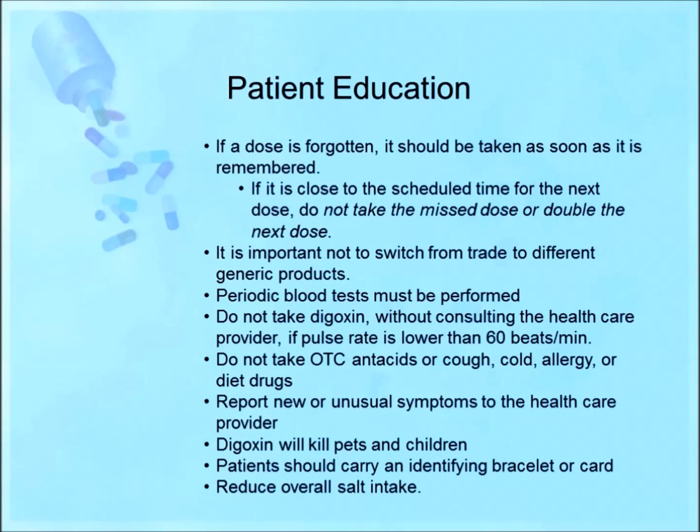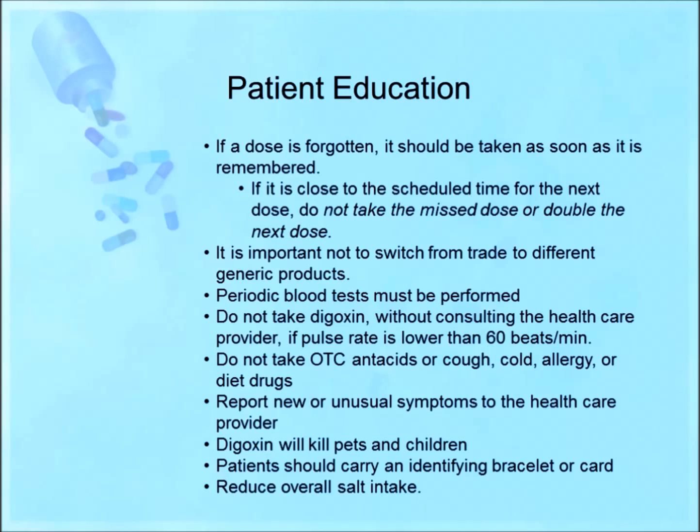They may not be the same, and make certain when getting a prescription filled that the same product is received each time. For safety reasons, periodic blood tests must be performed to ensure that the drug level is kept within specified limits, and remind the patient that because digoxin slows the heart rate as it strengthens contractions, they should not take the medication if the heart rate is very slow.